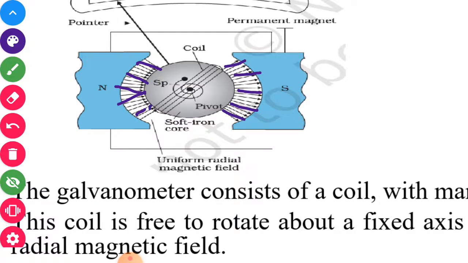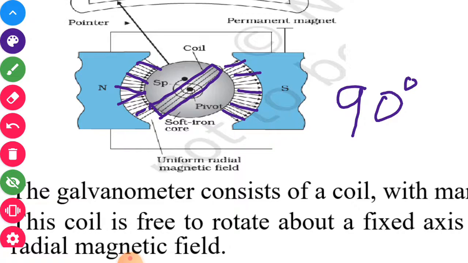And this is the coil, a rectangular coil which is placed in the magnetic field. Now you can see every time the area vector is perpendicular to the screen and the magnetic field is radial, so there will be an angle of 90 degrees between the area vector and the magnetic field lines.